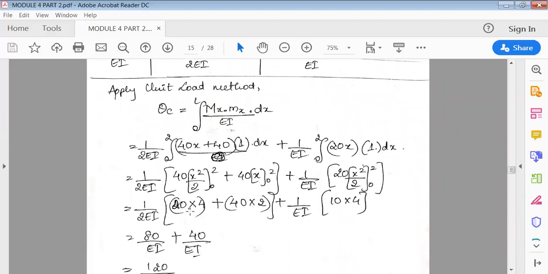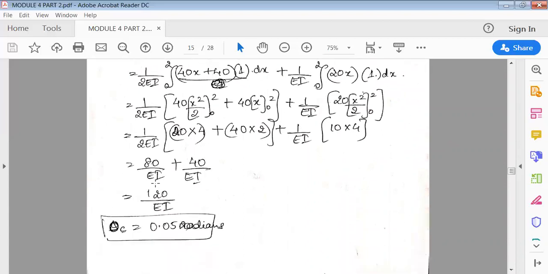So multiply these, and once you multiply, then integrate. After integrating, substitute the values, then you'll get 120 over EI. Now that you also know the value of EI, substitute it, then theta C is 0.05 radian. So theta is always measured in radian.